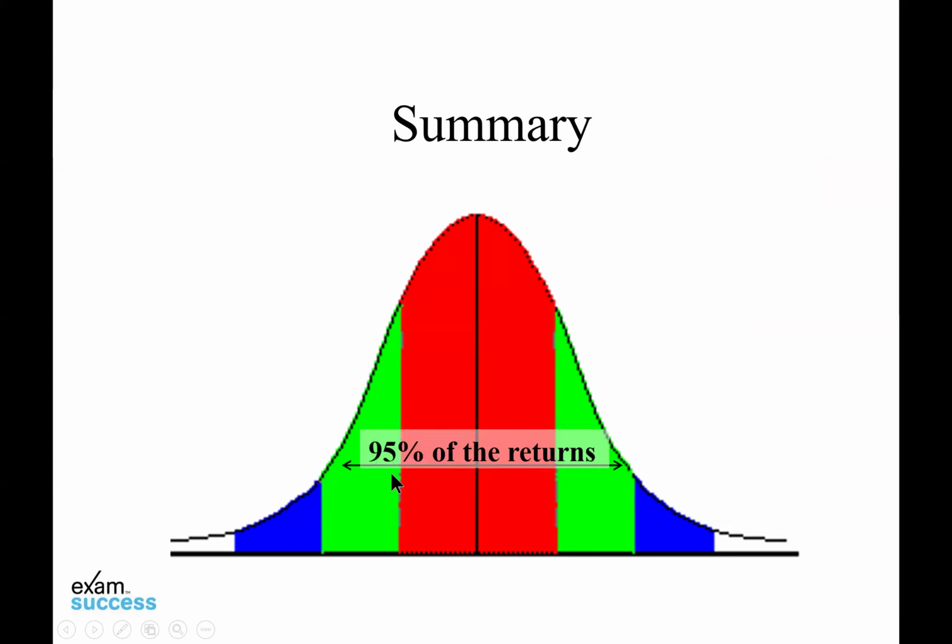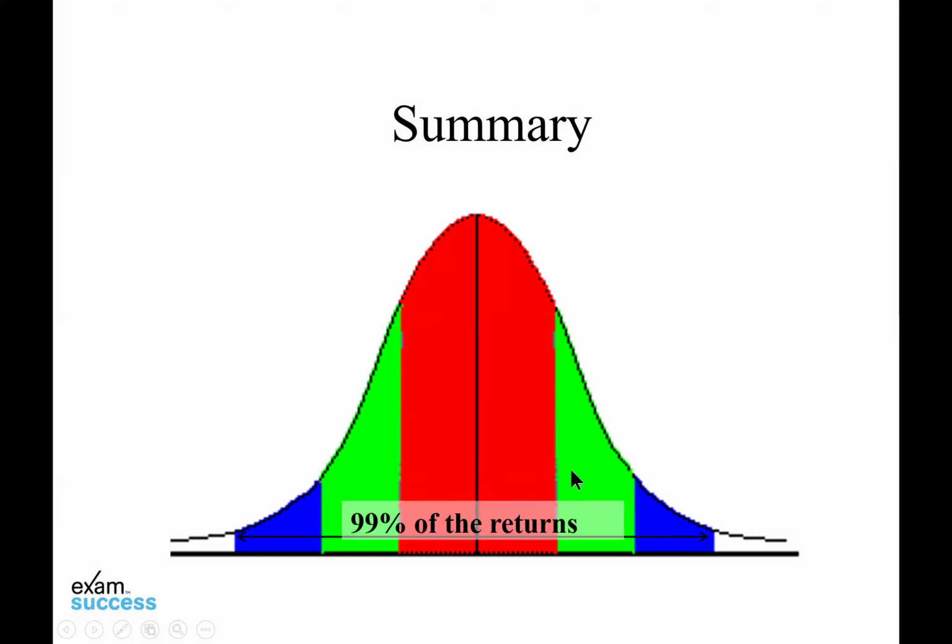Plus or minus two standard deviations, about 95% of the returns or the observations will fall between this range from the lower to the upper limit. And plus or minus three standard deviations, about 99% of the observations will fall between the lower and upper limits here. That's how we use this information.